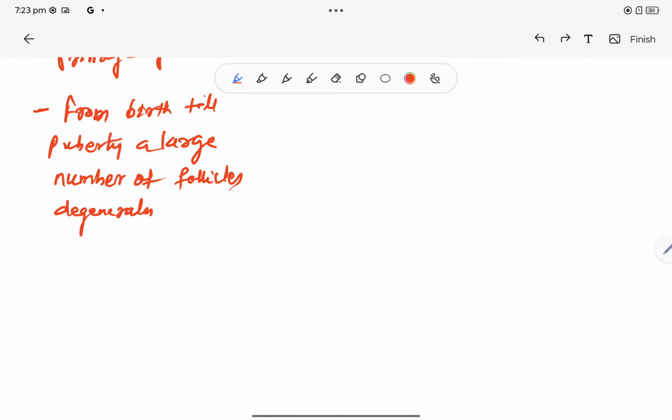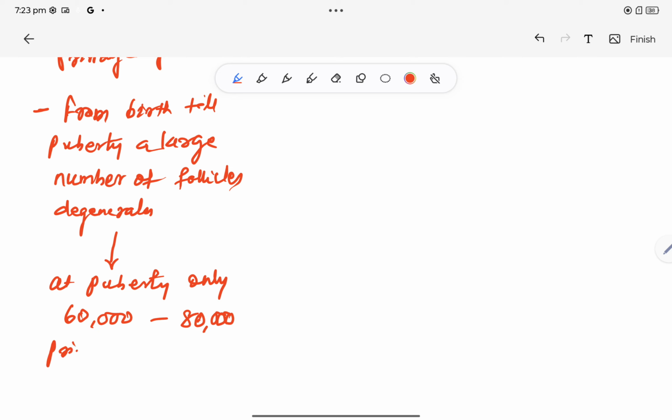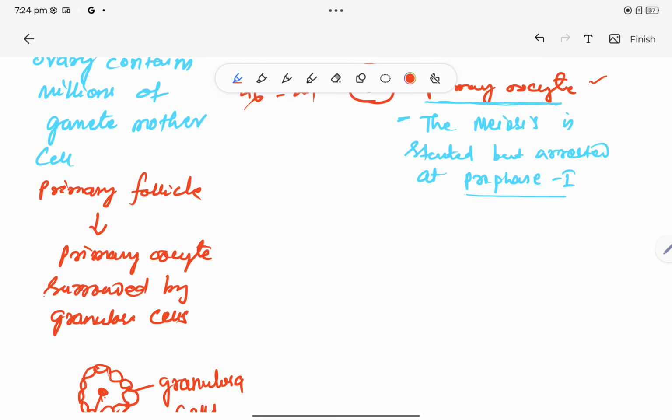Okay, and at puberty only 60,000 to 80,000 primary follicles are left in each ovary. Very, very important, children.